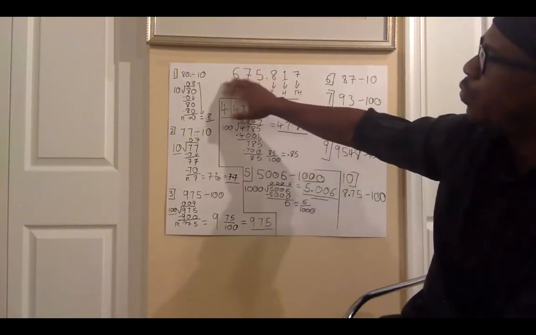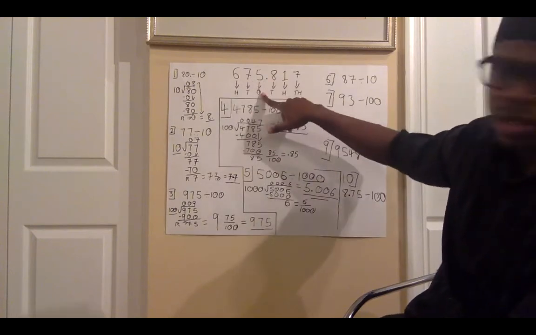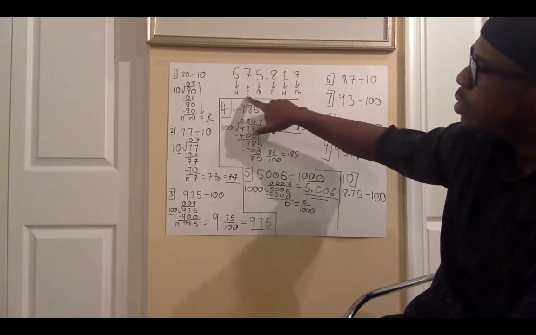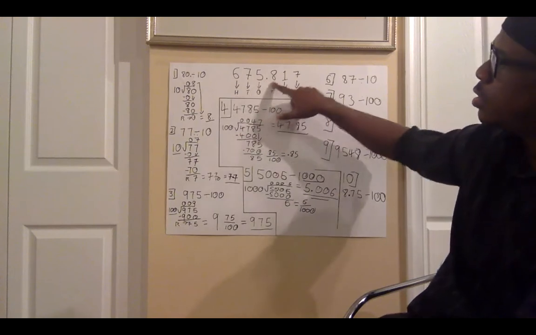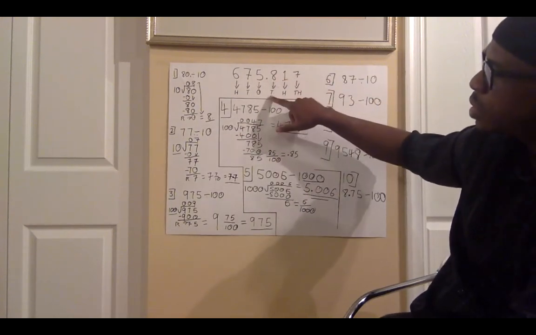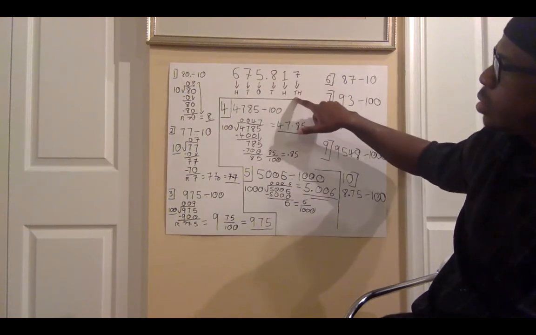So I went over this before, where the 5 in 675 is in the ones place, the 7 in 675 is in the tens, and the 6 is in the hundreds. And with the decimal, 0.8, the first number after the decimal is in the tenths, and then you have the hundredths, and then you have the thousandths.